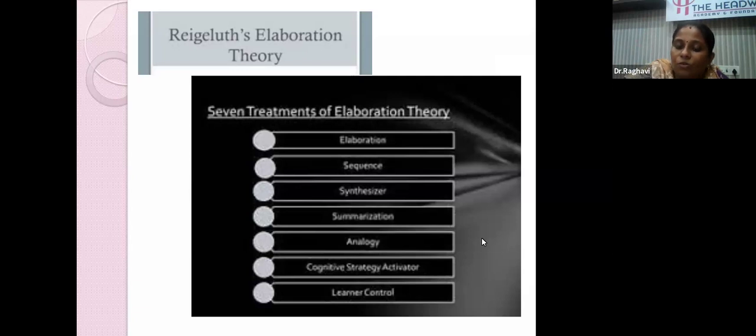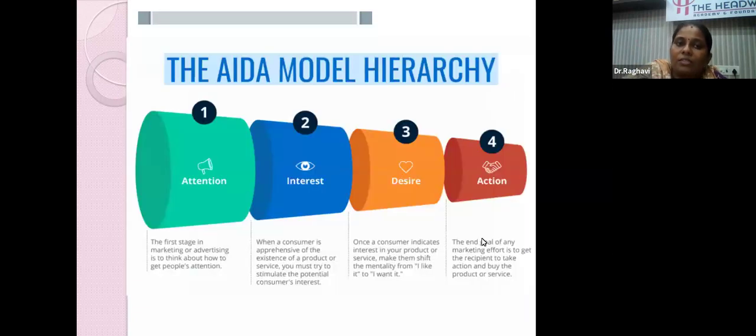Yeah. So now the next model is the AIDA model. As the name indicates, AIDA. This AIDA model again is one simple model, which stands for its acronym: attention, interest, desire, and action.